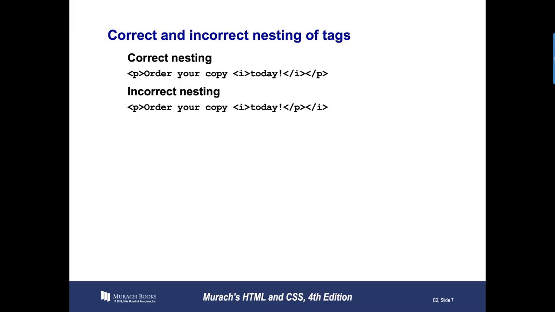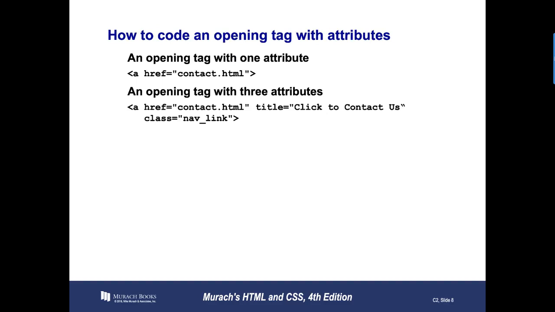And then we have the closing paragraph tag to close out the opening paragraph tag that we started with. Incorrect nesting is when you don't get the order of the closing tags correct. So you can see here, we're closing the paragraph before we're closing the italicized today exclamation point text. So be careful of that, all right?